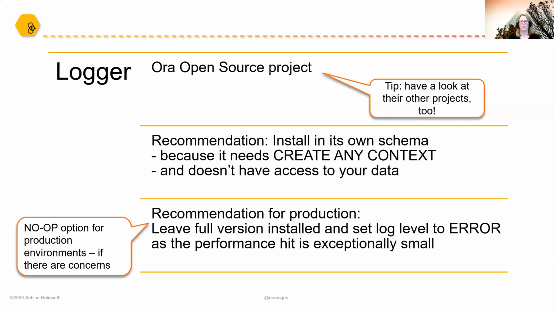If your DBA for some reason feels the overhead in production, you can have a no-op option, and when you compile it with that, then you will have no overhead at all. But who wants to run production without logging? Don't know.